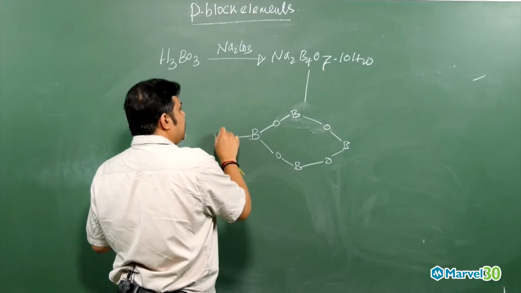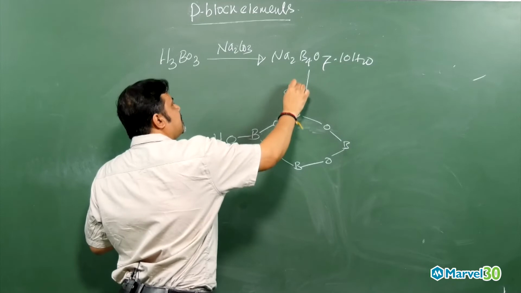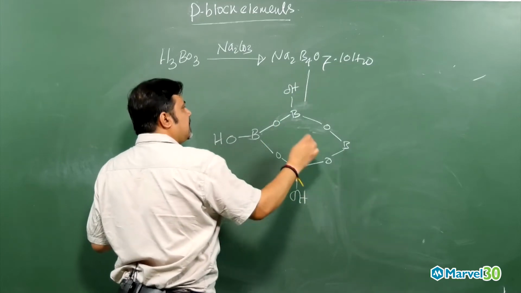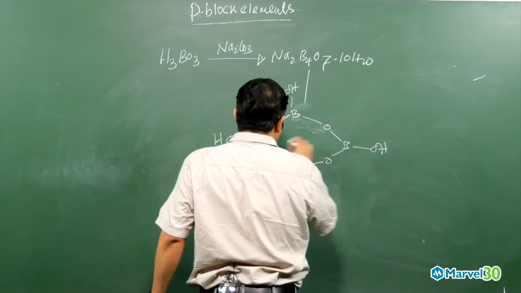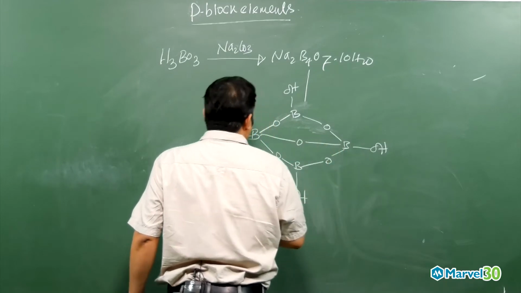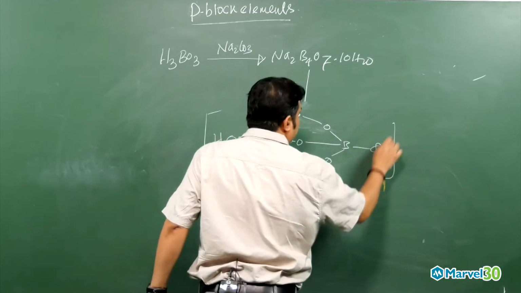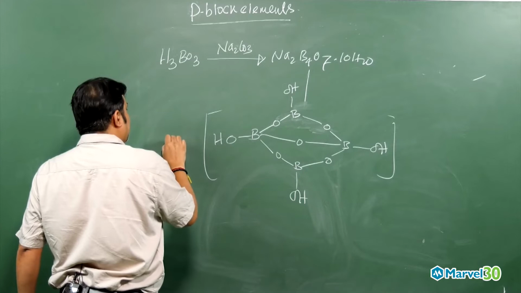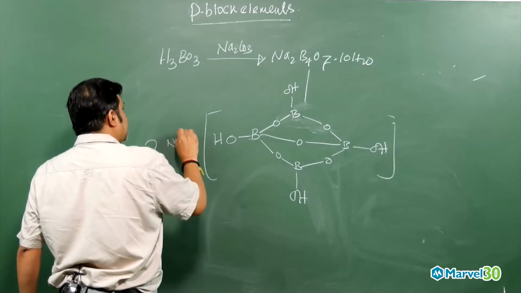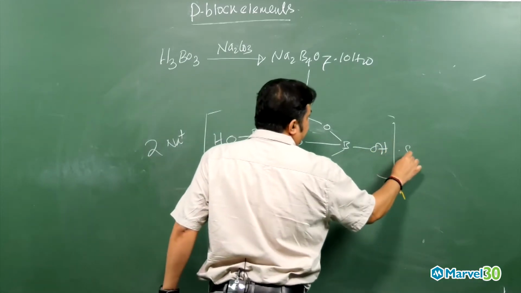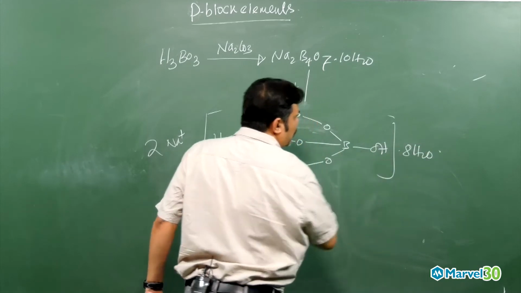Here OH, here OH, here OH, here OH, and in the middle boron, oxygen, boron. Overall there will be 2 Na plus, and here there will be 8H2O. This is the structure of borax.